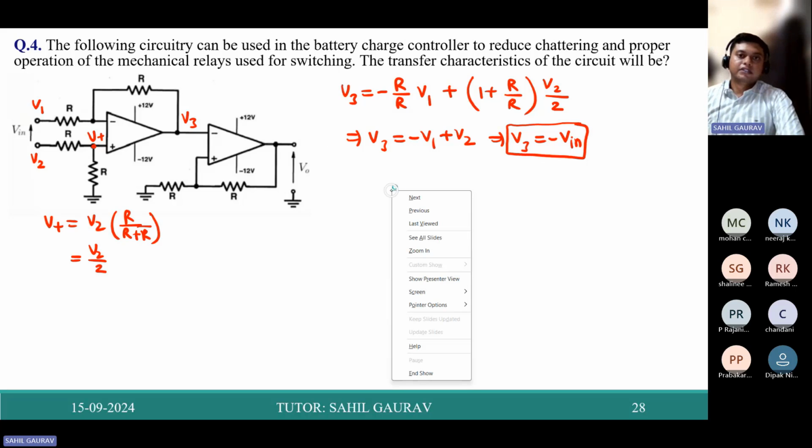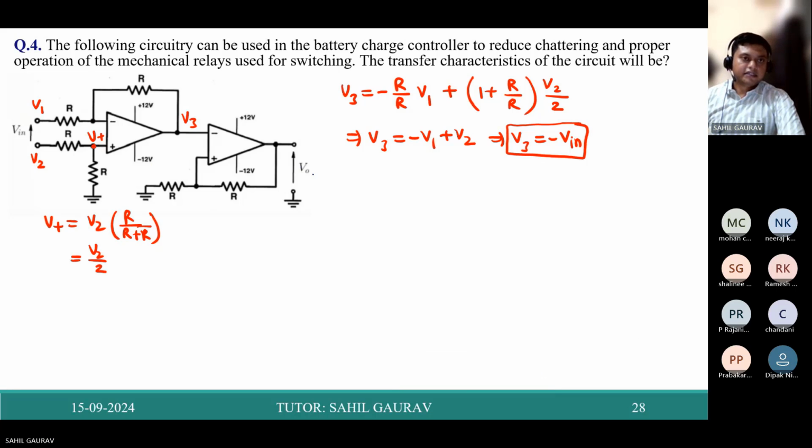Now for the second part, here we can see that this is positive feedback. If there is positive feedback, then it acts as a Schmitt trigger circuit.